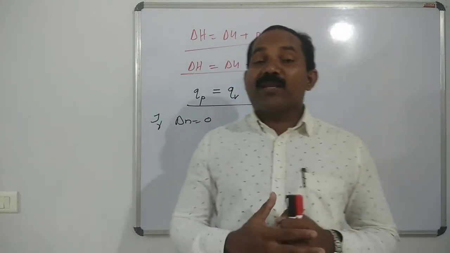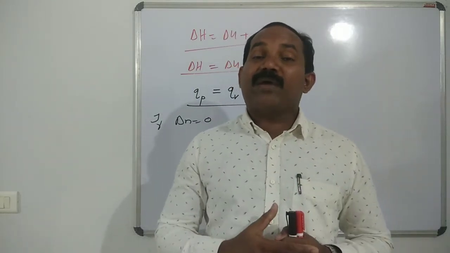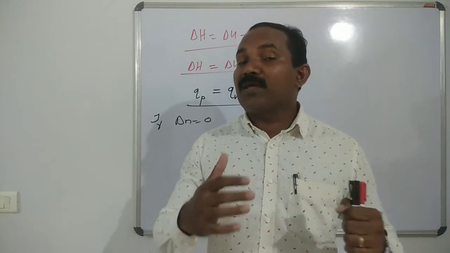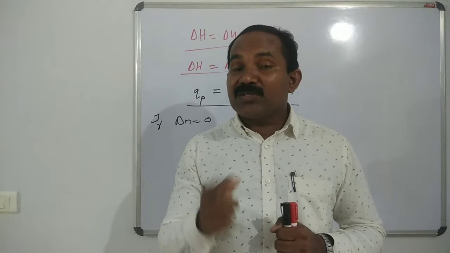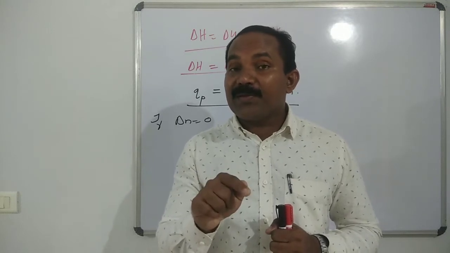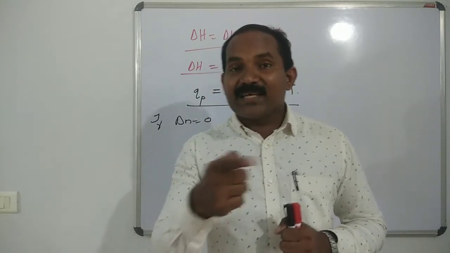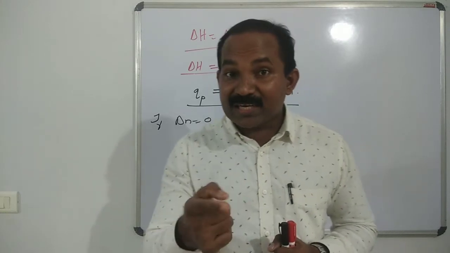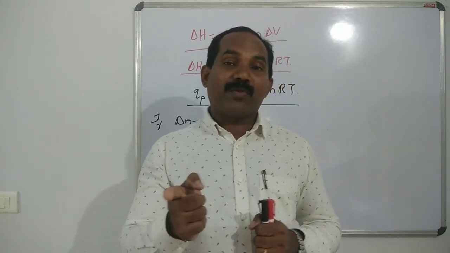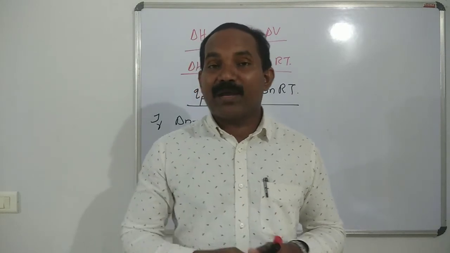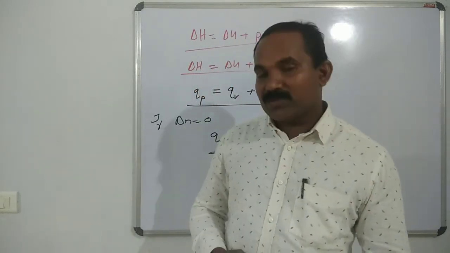So an ordinary calorimeter is used to determine the enthalpy change of a reaction. And remember that a bomb calorimeter is used to determine the internal energy change. Delta H is determined by the ordinary calorimeter.